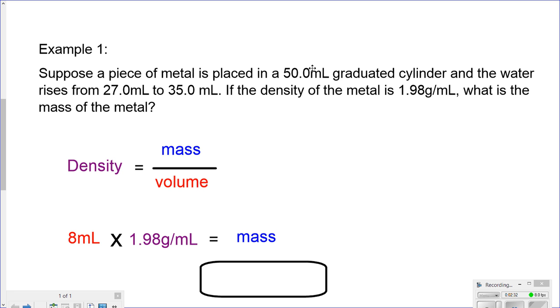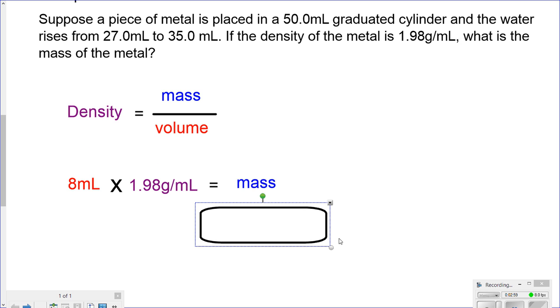If I read the question carefully, the metal is placed in a 50 milliliter graduated cylinder. It doesn't mean that the volume is 50, because the water level rose from 27 to 35. Therefore, the volume of the object is 8 milliliters. 8 milliliters times its density, 1.98 grams per milliliter, the milliliters cancel, which leaves you with mass.